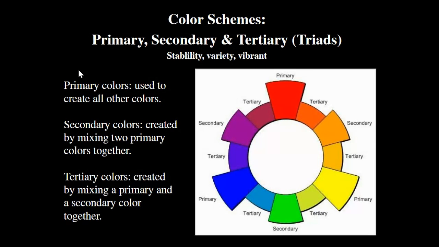Tertiary colors are created by mixing the primary and secondary colors together. So if I mix blue and purple together, I'd get a tertiary color. And that's the next fill in the blank on your sheet. So colors created by mixing a primary and secondary together. Get the definition down?